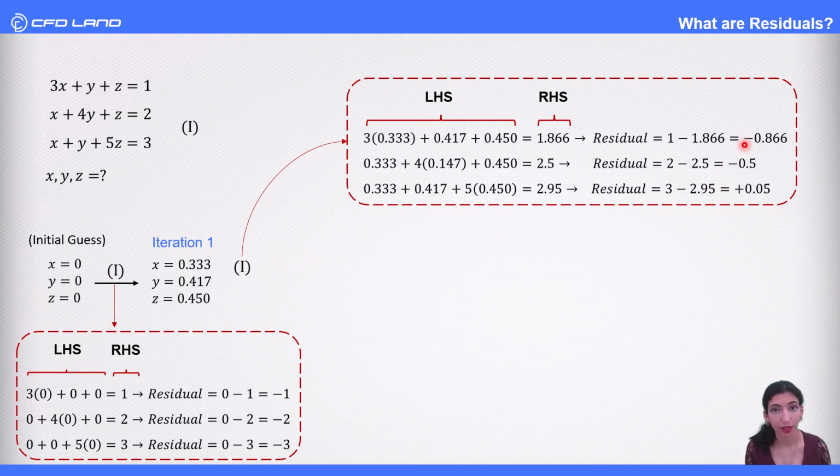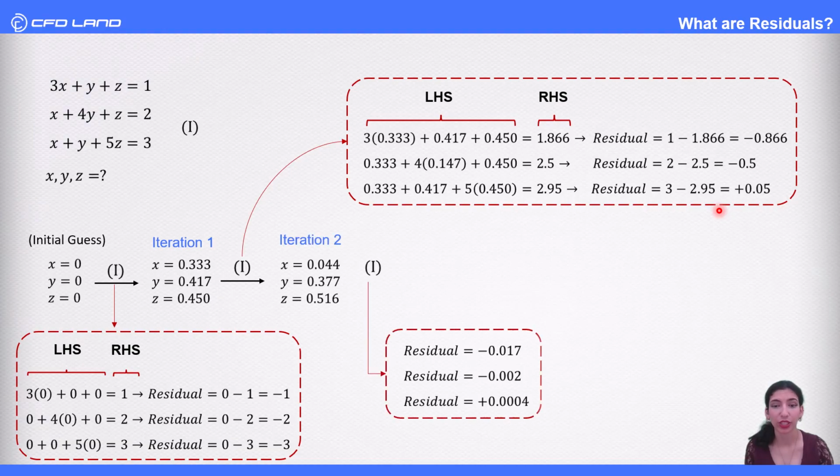The residuals are smaller this time. We are getting close. Again, updating our variables and calculating our residuals. Well, this time our residuals are pretty small, right? Especially for the third one. So we say we have achieved convergence.